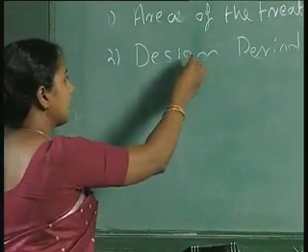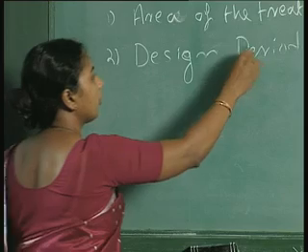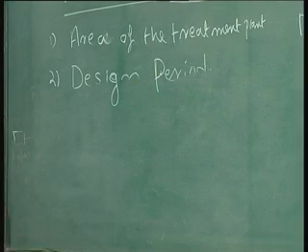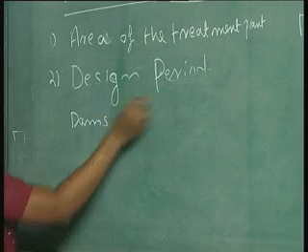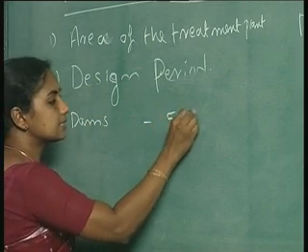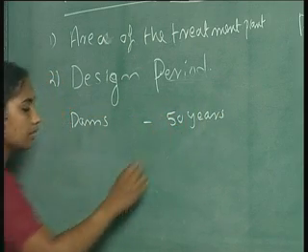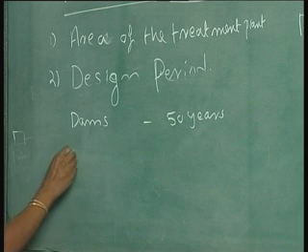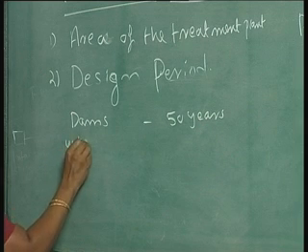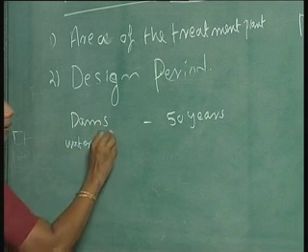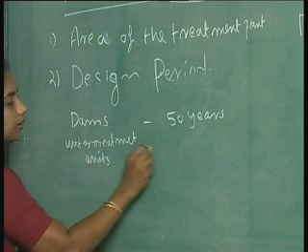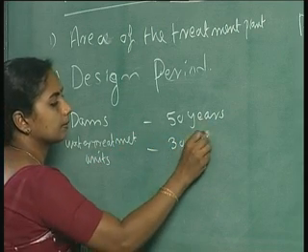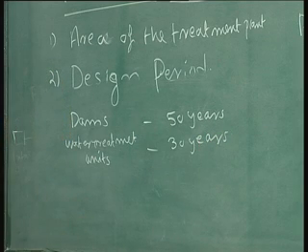First, I will give you the design period for various components in a water treatment system. For example, for dams, the design period is around 50 years, and for water treatment units, it is 30 years.